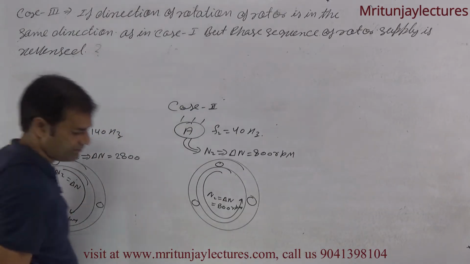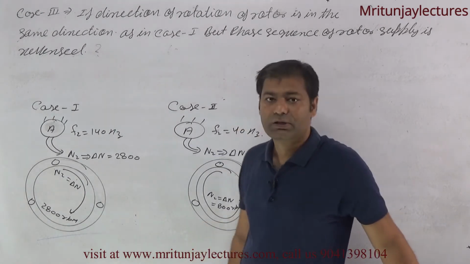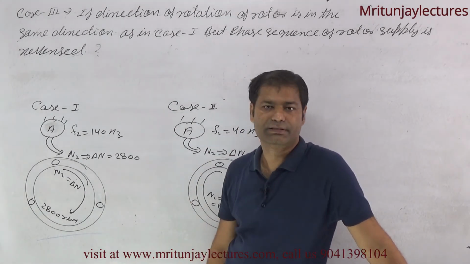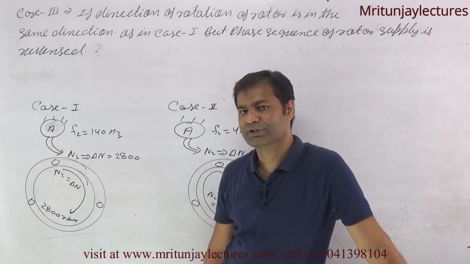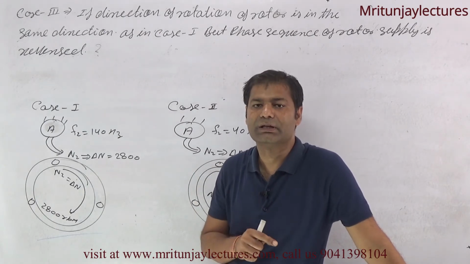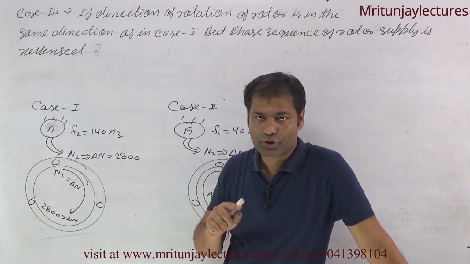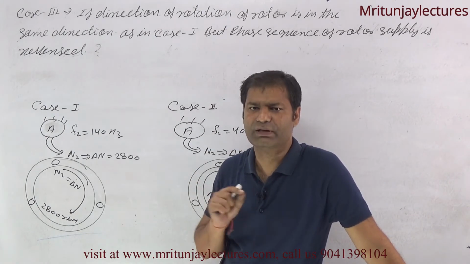Corresponding to the question, now we have case third. Two cases are already discussed. First one, if the rotor winding is rotating with the help of the prime mover in the direction of the rotor magnetic field, or you can say the rotor field.